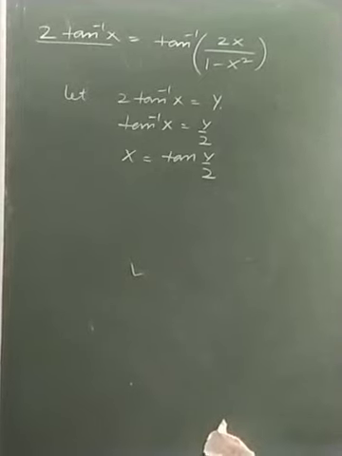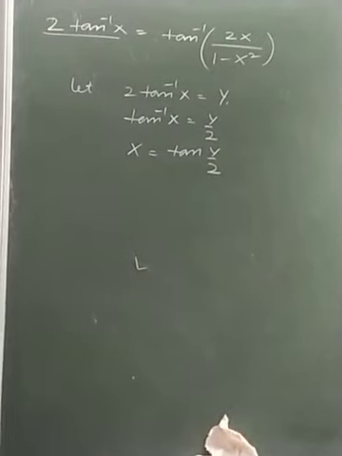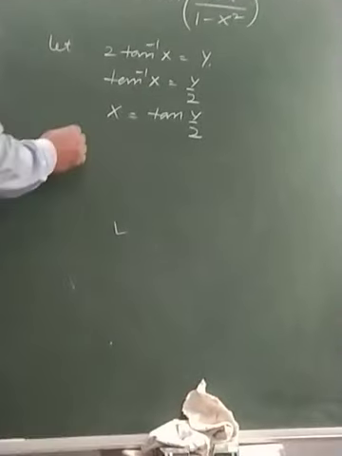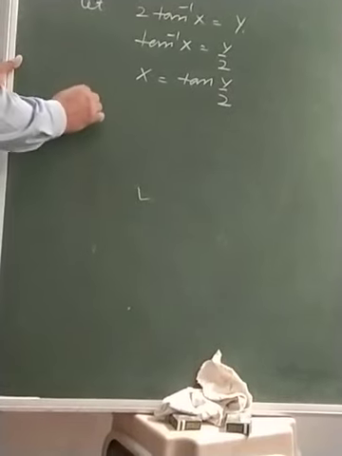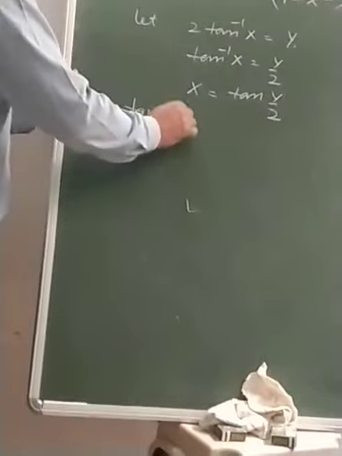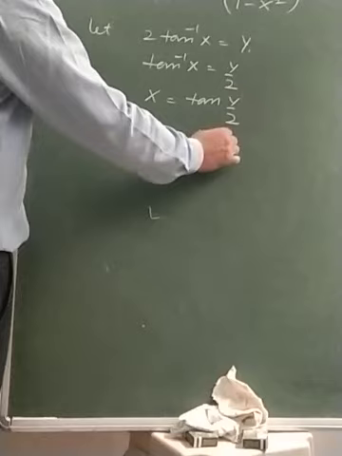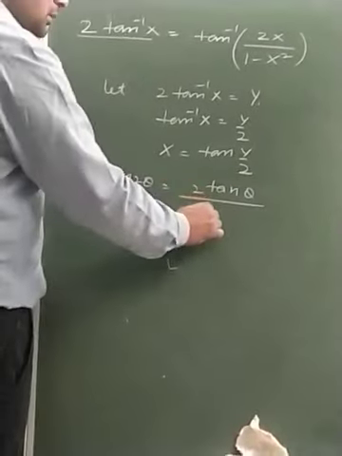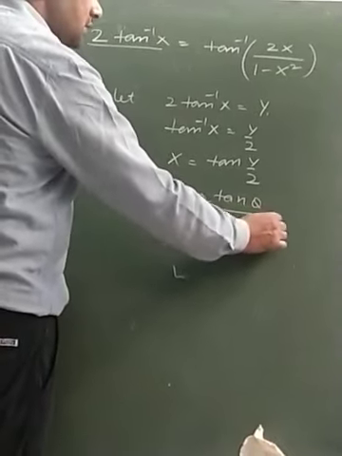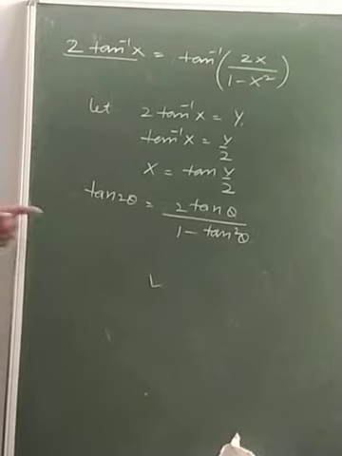In class 11 you have done a property in which tangent 2 theta is 2 tangent theta upon 1 minus tangent square theta.